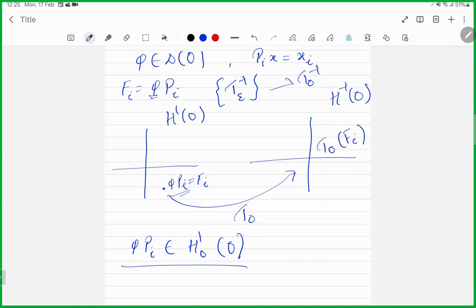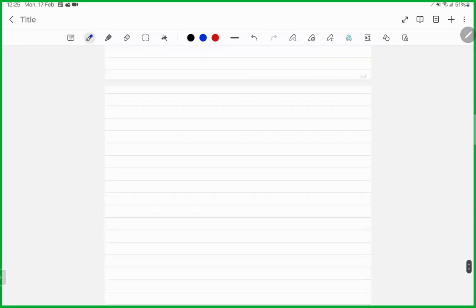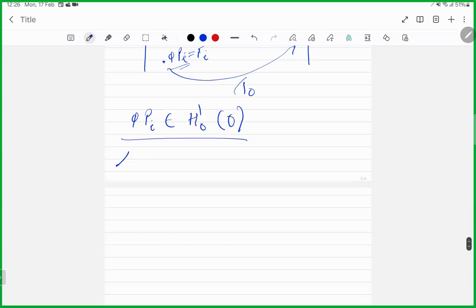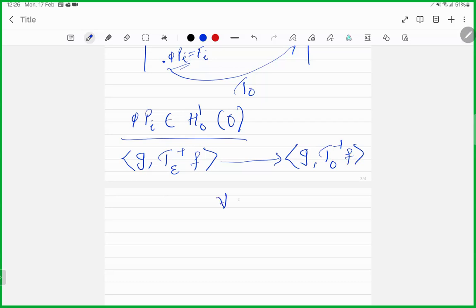I want to say that the pairing of G with T epsilon inverse of F converges to the pairing of G with T naught inverse of F, for all F, G in H1, H minus 1 of O.